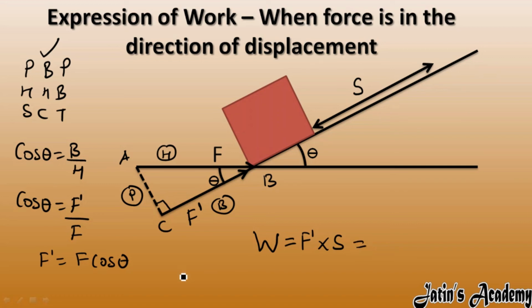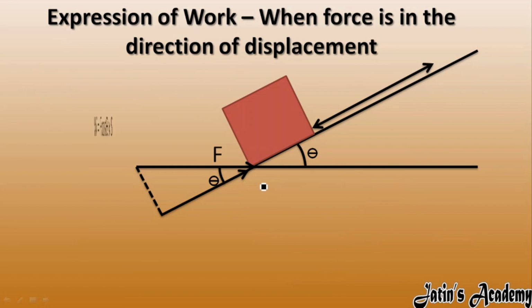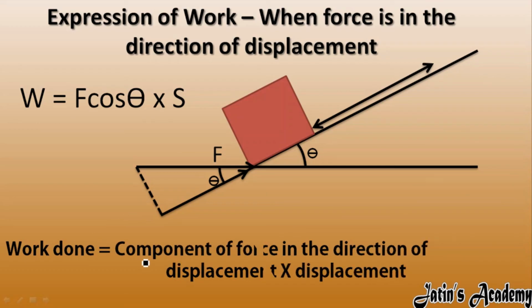F dash value we have F cos theta, into S. So this is the formula we got, similar to the previous formula, that is Fs cos theta, or you can also write W as F cos theta S. Now carefully see, here work done is the component of force in the direction of displacement times displacement. So the formula is W equals F cos theta S.